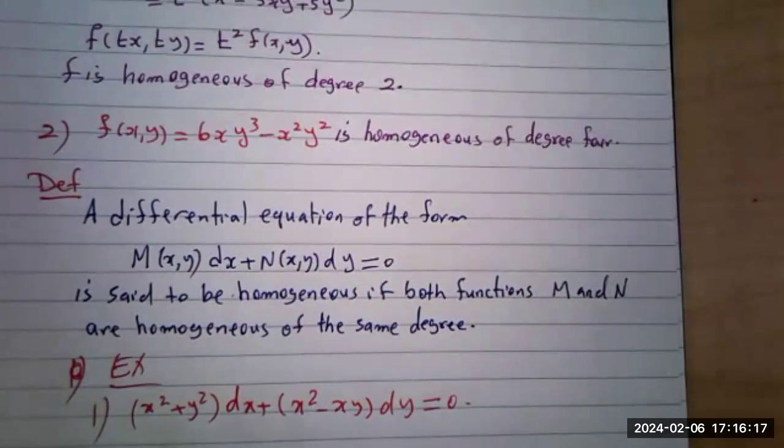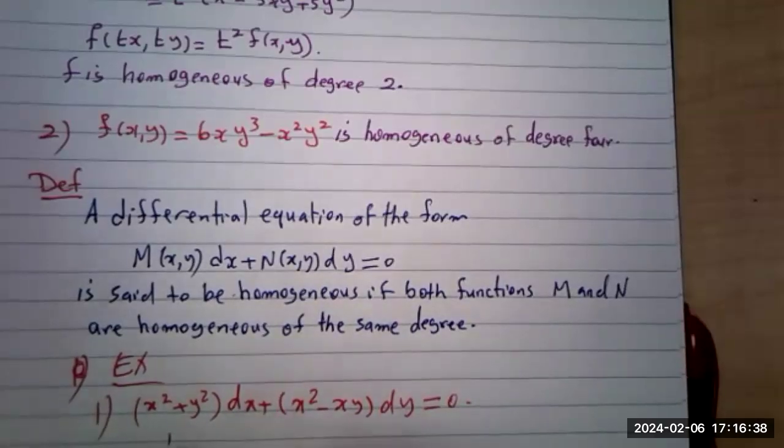You see the first function is homogeneous. Of what degree? 2. And the second one, see, monomial again is the same thing. So both of them are homogeneous of the second power, and therefore it is a homogeneous equation.